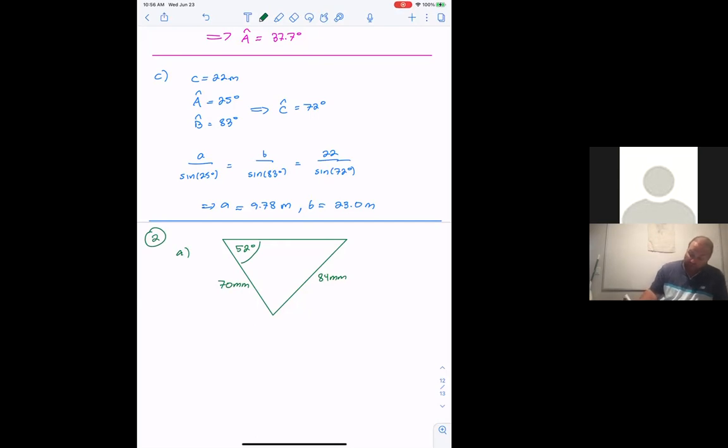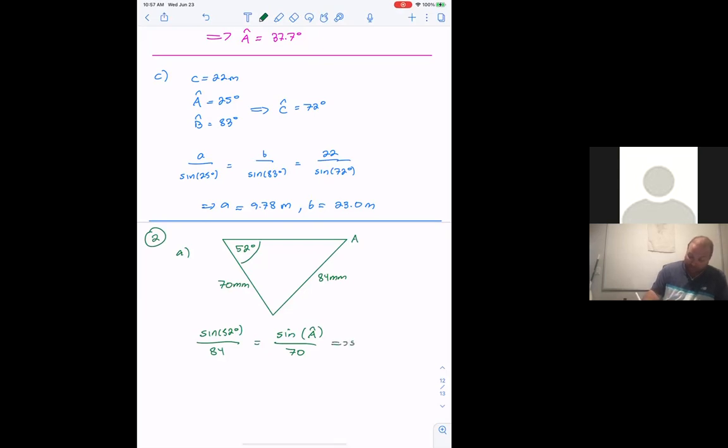So we're looking for the angle opposite 70. So sine of 52 degrees over 84 units suppressed equals sine of, we've got to give this guy a name. They don't in the figure, so we'll call it A. So sine of A hat over 70. So sine of 52 degrees divided by 84 times 70.